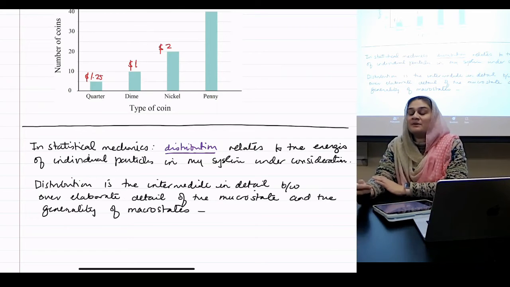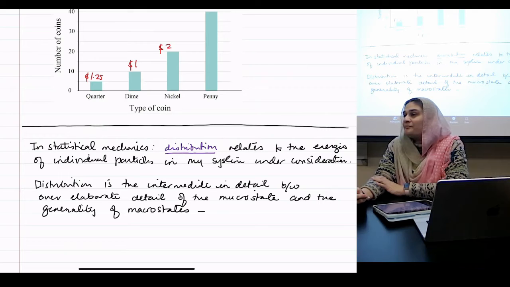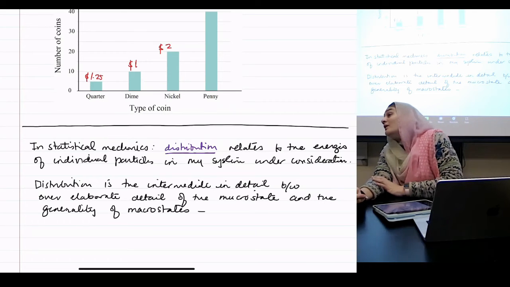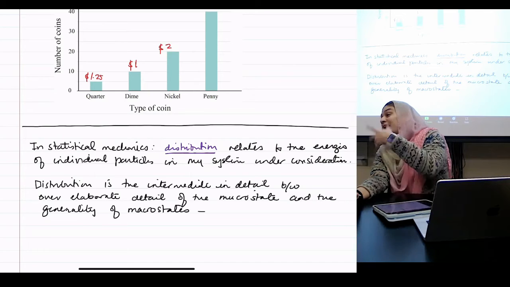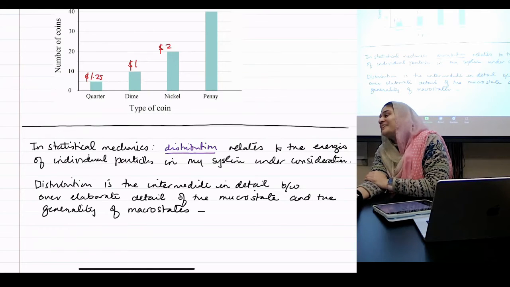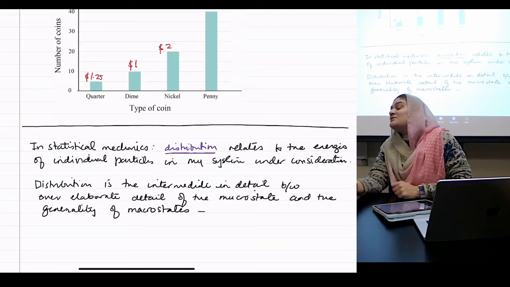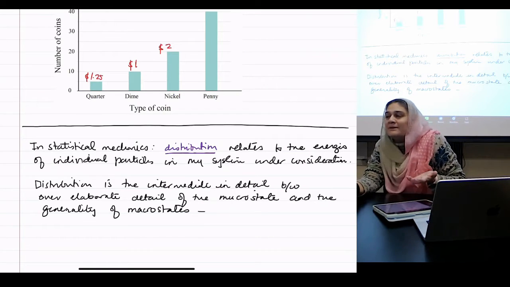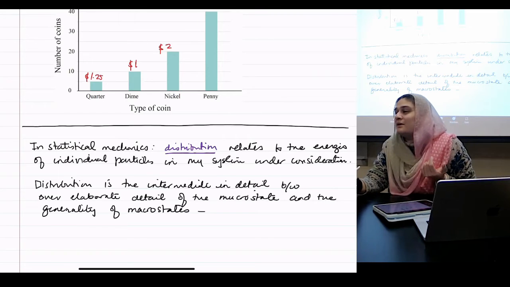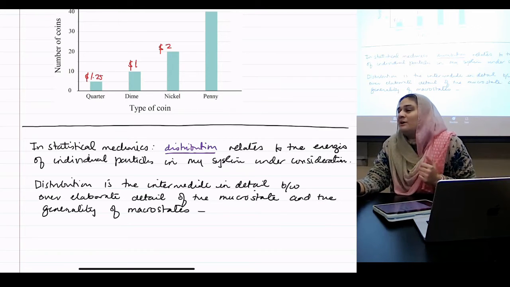So in this coin example, what's the macrostate? Statistical. No, that's the distribution. So the macrostate is the entire piggy bank. The microstate is each individual coin. But do you really have to keep track of every single coin? No, you just need to know how many dimes, how many pennies, and so on.